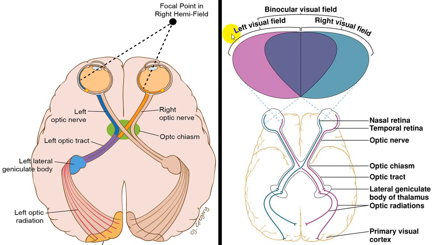Clear? And left eye nasal. So this is called the left side field. So the left side field will be because of the nasal fiber of the left eye and the temporal fiber of the right eye. So the combined field will be a binocular field.